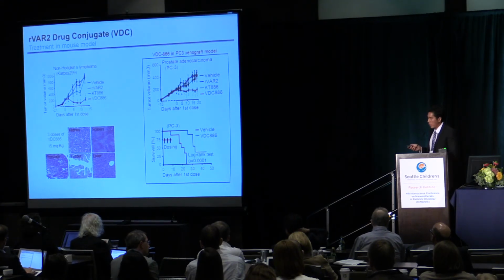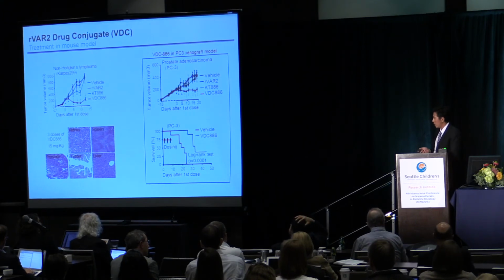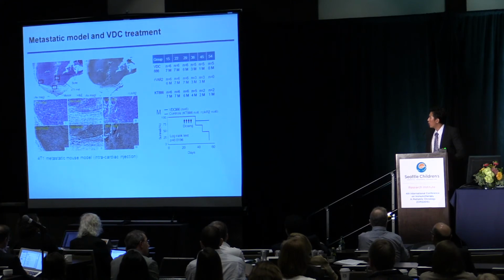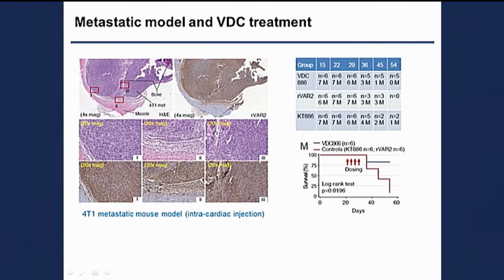So far, these drugs were tested on human cells xenografted into mice, so it might not affect the mouse normal organs. For this, we developed the 4T1, which is a mouse mammary tumor cell line, and we injected it into the left ventricle of the mouse for bone metastasis, and the overall penetrance is 50 to 60%.